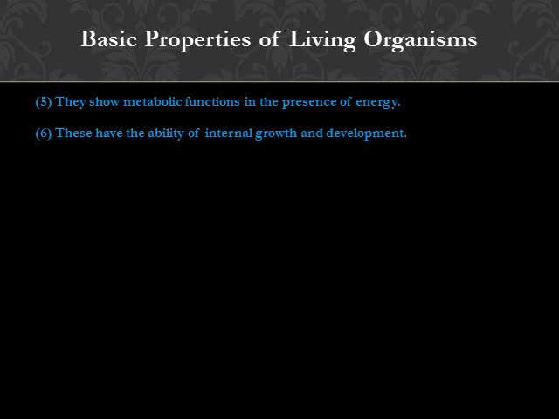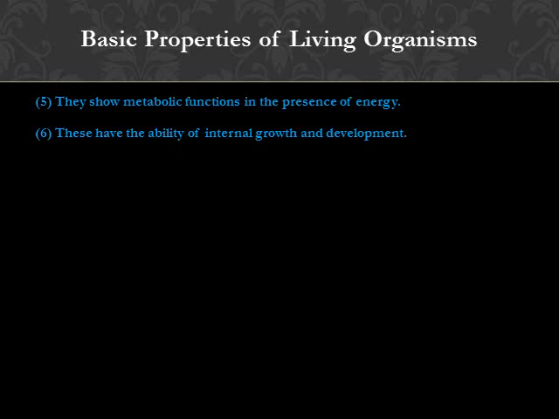In order to perform their physiological functions, they show metabolic functions, which are actually chemical reactions happening inside the cytoplasm, inside the cell. In the cytoplasm, they are doing so many anabolic or catabolic chemical reactions, which are known as metabolic functions.